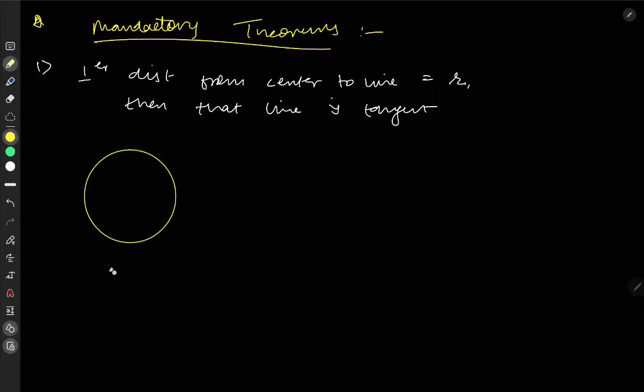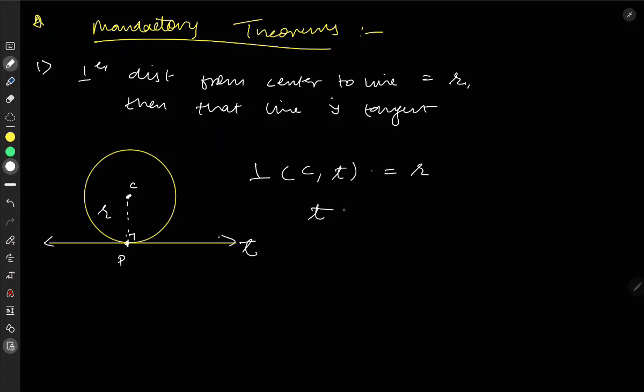This is a circle and this is a tangent, and yes, this is the tangent, this is the center, this is the point P where they both meet, and this is distance R. So the perpendicular distance from the center to the line, let this be T, tangent to the line, perpendicular distance from C to T is equal to radius, then T is tangent.